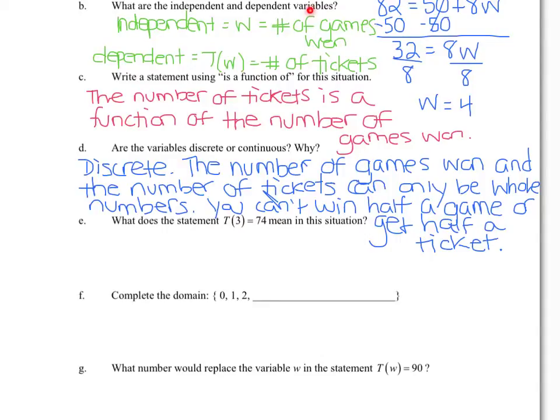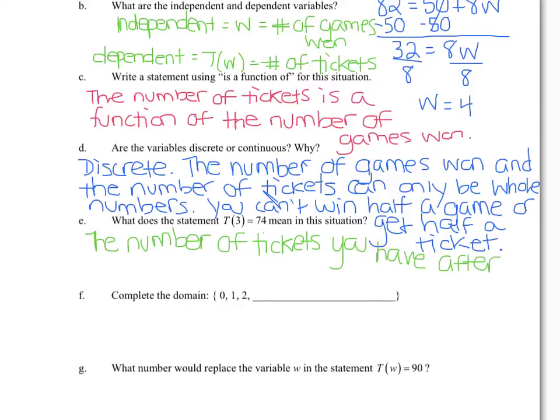So this is going to be the number of tickets you have after winning 3 games is 74 tickets.